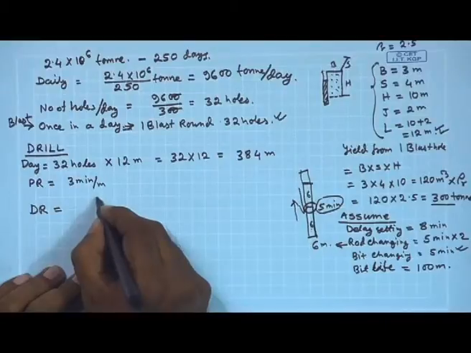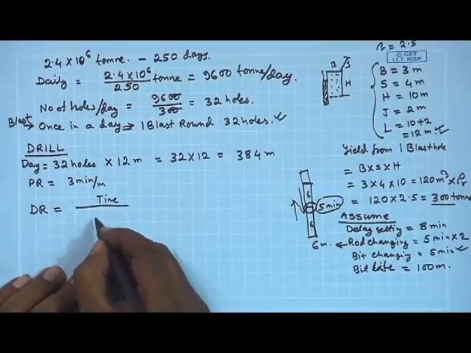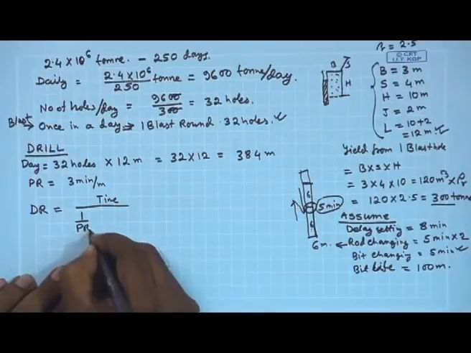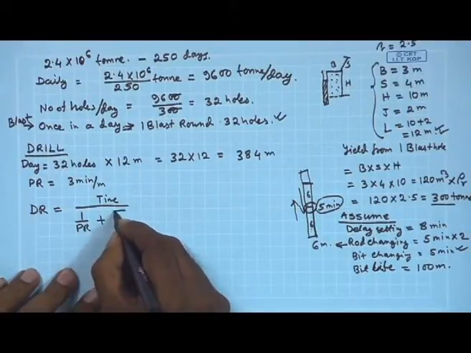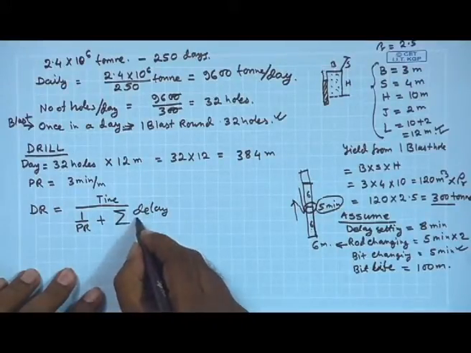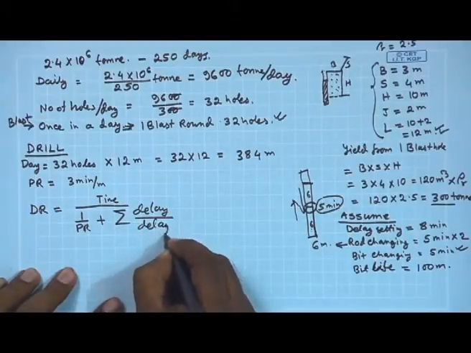This is the drilling rate formula. Drill rate is equal to time by penetration rate, then plus summation of delay by delay interval.